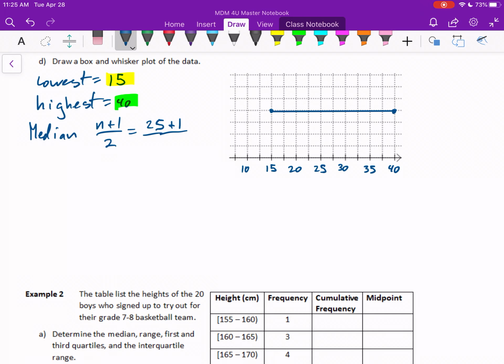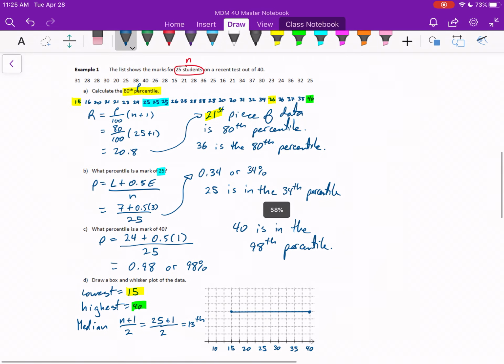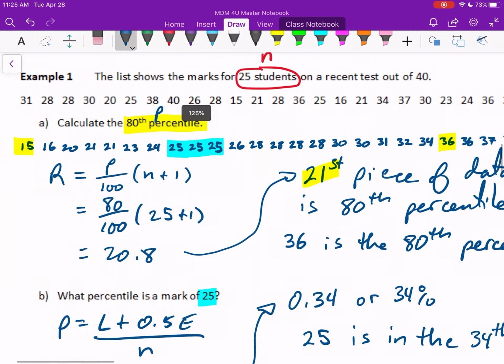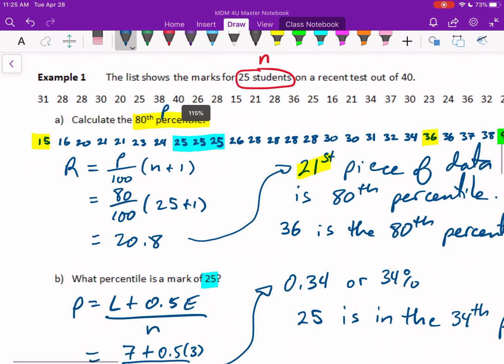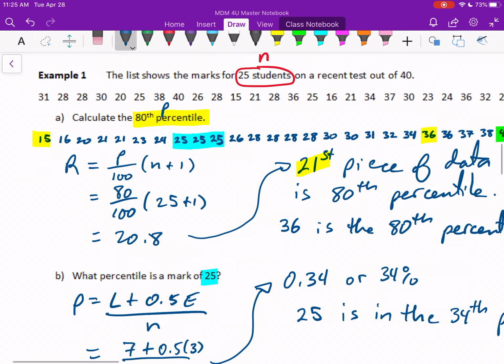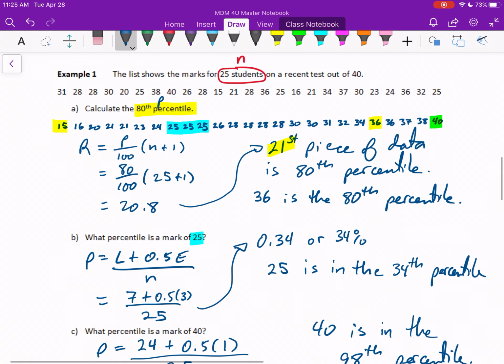So n plus 1, 25 plus 1, is 26, divided by 2 equals the 13th piece of data. If I go back to this list and find the 13th piece of data, it would be 2, 4, 6, 8, 10, 12, 13.